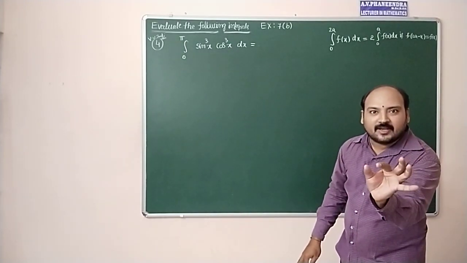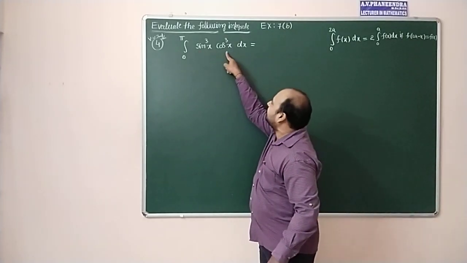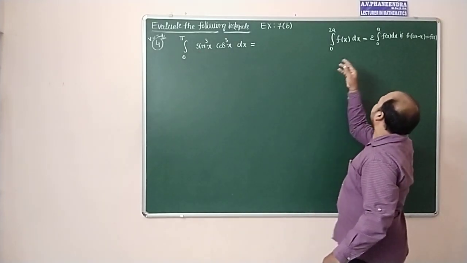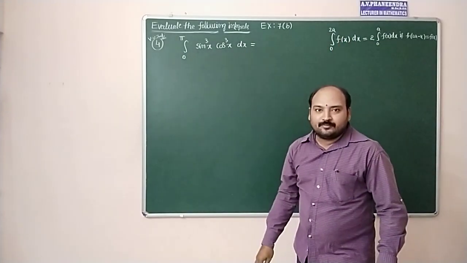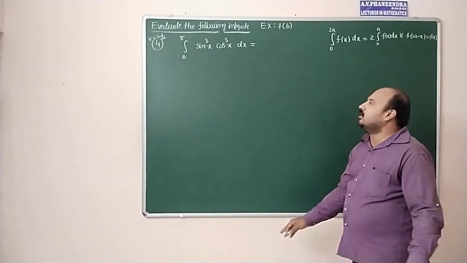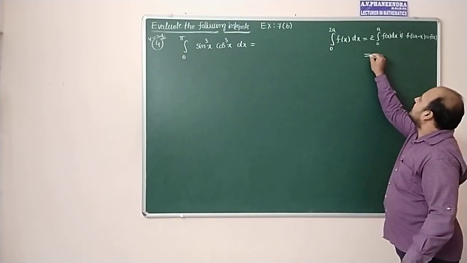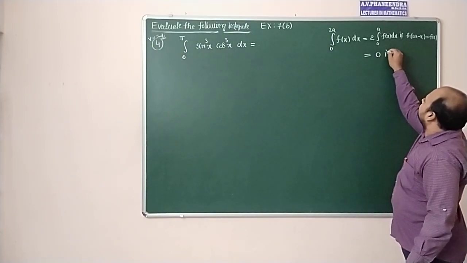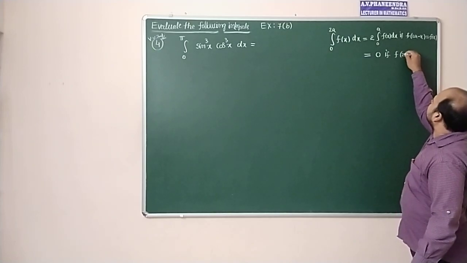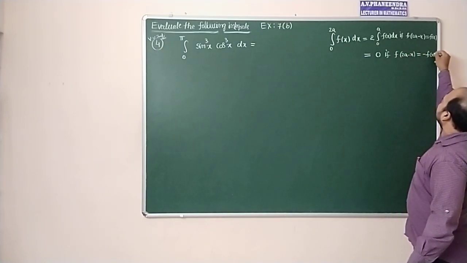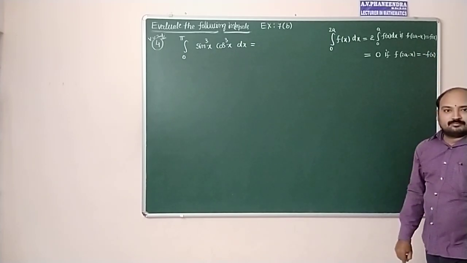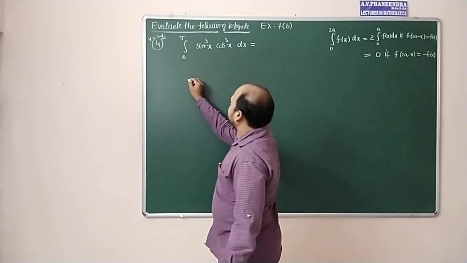If f of pi minus x is equal to f of x, then we can express it as 2 times of 0 to half of the upper limit. Suppose if it is not possible, go for the second option, which is equal to 0, if f of 2a minus x is equal to minus f of x. I will check which one is possible among these two.